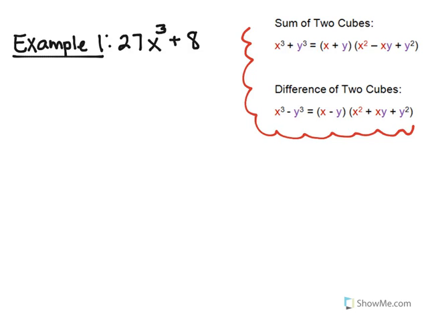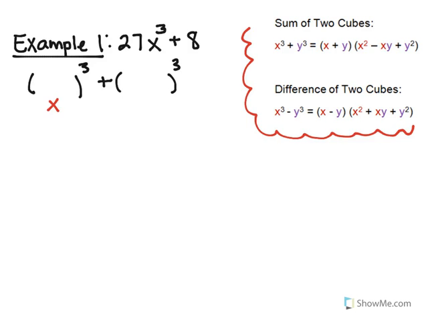We have 27x cubed plus 8. And I know that this is a sum of perfect cubes because I know that 27 and 8 are both perfect cubes. So here's what we're going to do. We need to write this so that it is something cubed plus something cubed. And whatever those somethings are going to be that x and y respectively.